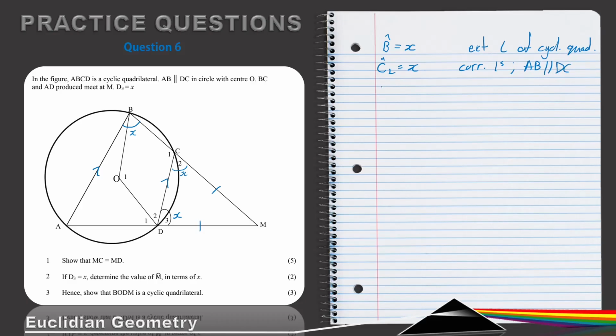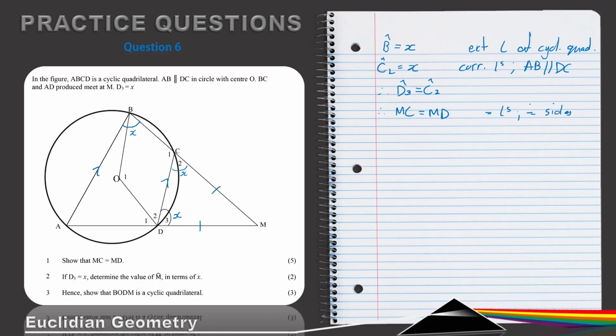And therefore C2, or let's say D3, is equal to C2. Okay, and therefore we can say that MC is equal to MD, equal angles, equal sides.